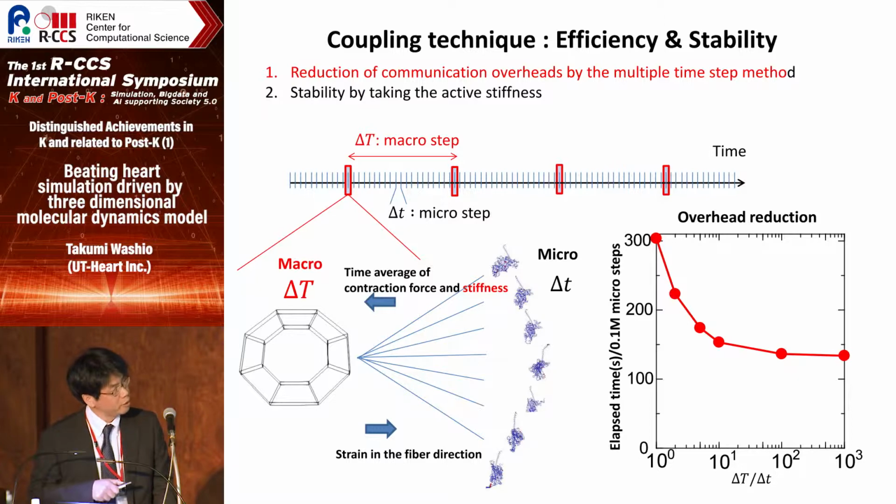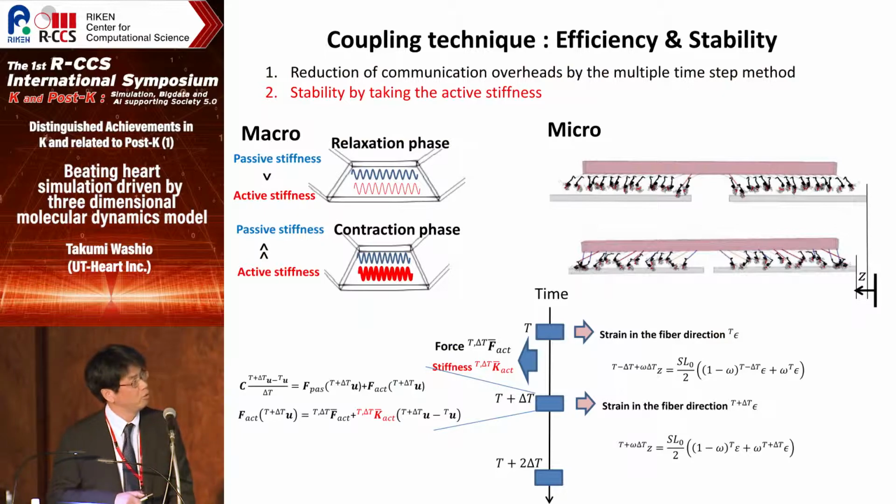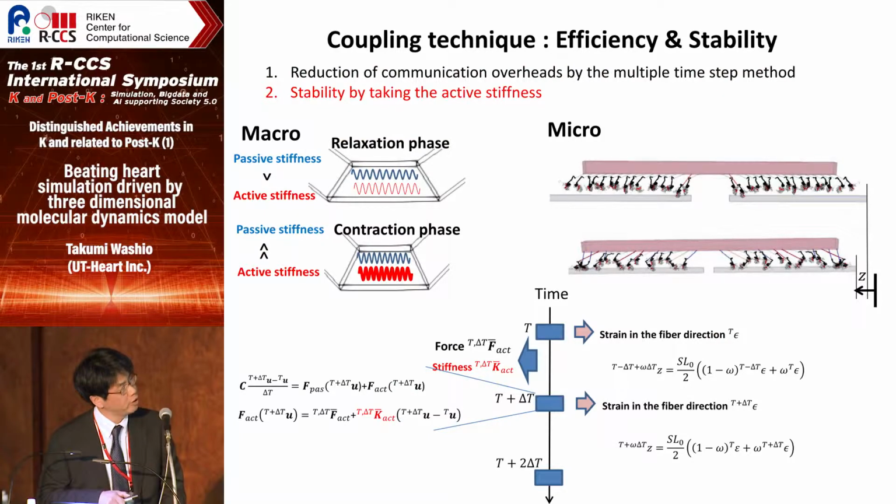But such aggressive coupling usually becomes very unstable because we miss some important stiffness property coming from microscale phenomena. For example, if you put force in your muscles, you feel your muscle becomes stiff. And this is because there are a lot of cross bridges here.